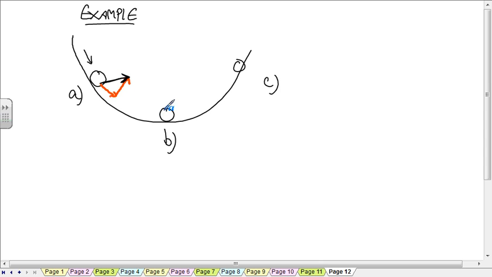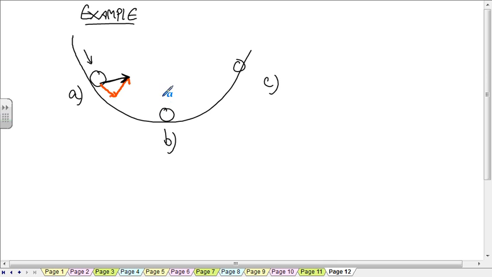What's the velocity vector here? What direction is it pointing? At that instant, it's moving horizontally. So the velocity vector is like this. Okay? At that instant, when it's at the lowest point, it's not speeding up or slowing down.